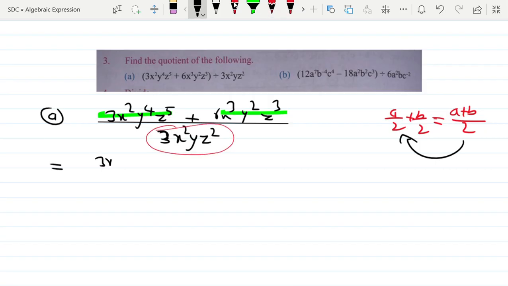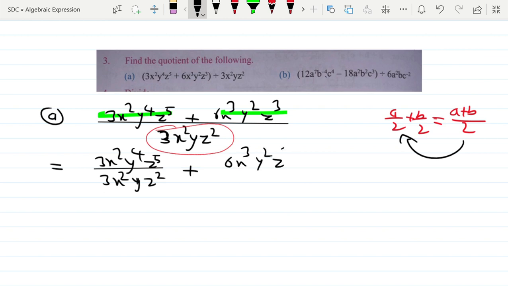So we get 3x square y power 4 z power 5 divided by 3x square y z power 2, plus 6x cube y square z cube divided by 3x square y z square. So we separate the base, and now go for division.